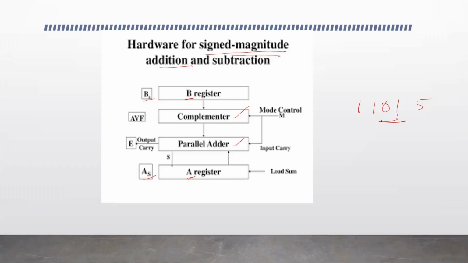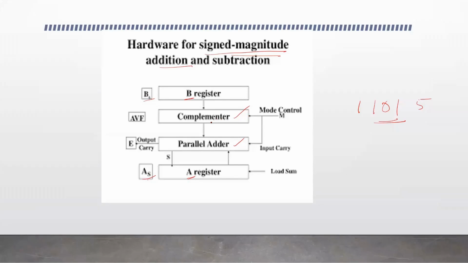For the signed magnitude addition and subtraction, the two numbers A and B are stored in the A register and B register, and we have the sign bits stored in the flip-flops AS and BS. The two circuits we need to perform this operation are a complementer and an adder. We need the complementer only if the operation to be performed is subtraction.